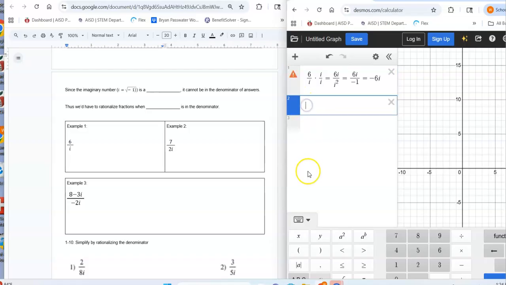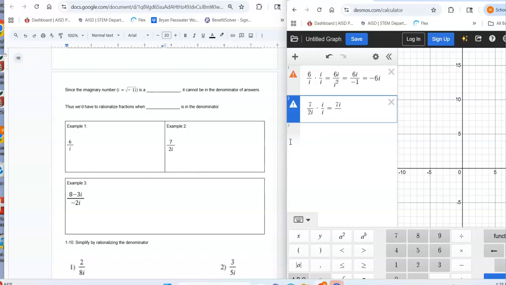Now, for example 2, there is a 2 here, but you ignore the 2. It's 7 over 2i. You don't multiply times 2i over 2i. I mean, you can, but that would just make it a bit harder. So again, you just multiply times i over i. That's all you have to do. And when you do that, the top becomes 7i.